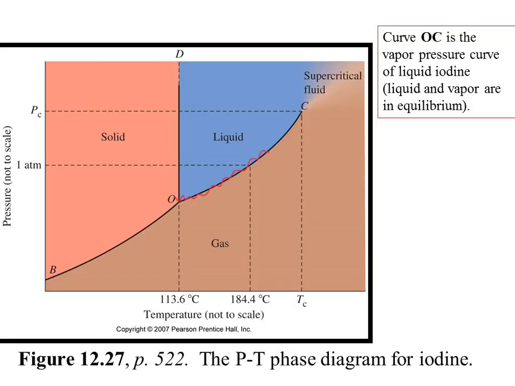This is the segment from O to C. Notice it's actually the corresponding pressures and temperatures between a liquid and a gas. When we've talked about equilibrium vapor pressures, that's the portion of the phase diagram that we're looking at.